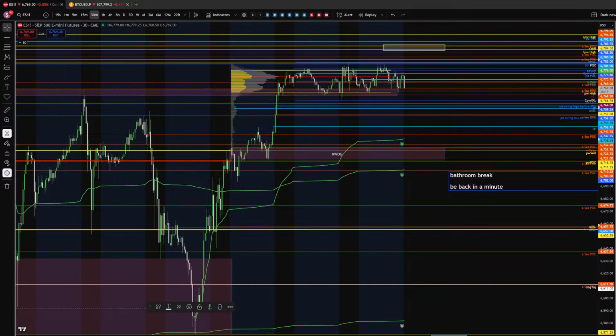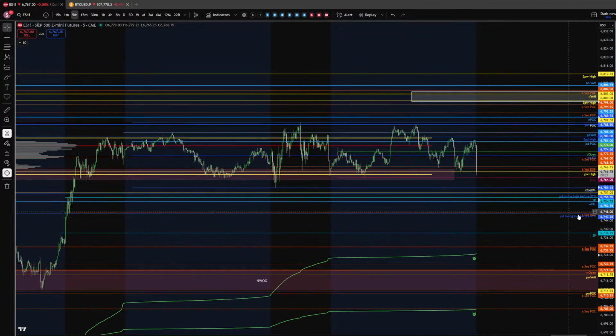So we just had the market open. So interesting to see, we are seeing a very strong push to the downside.